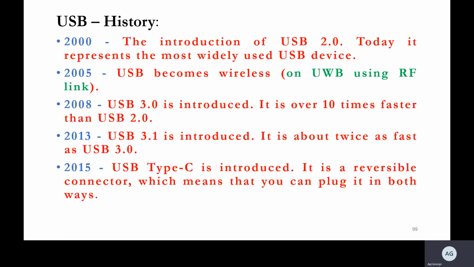Then came the wireless USB, WUSB, which uses an RF link to communicate. Then in 2008, USB 3.0 was introduced, which is 10 times faster. Then in 2013, you have USB 3.1, which is twice as fast as USB 3.0.